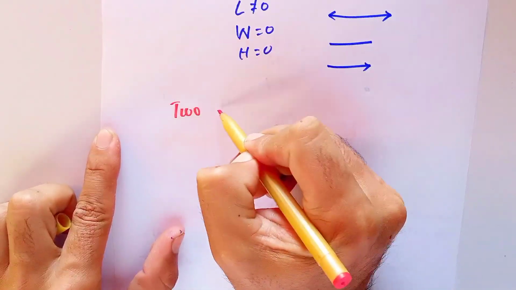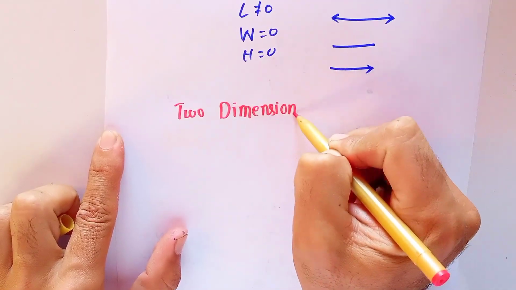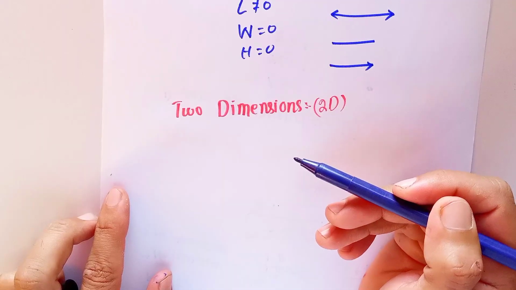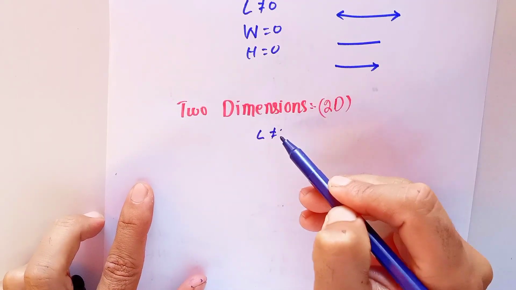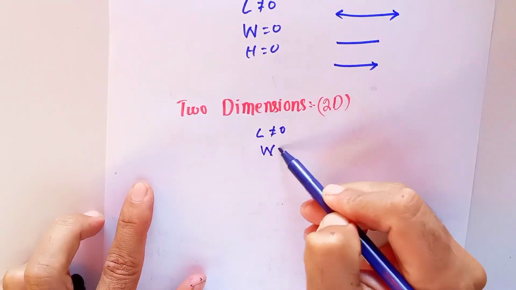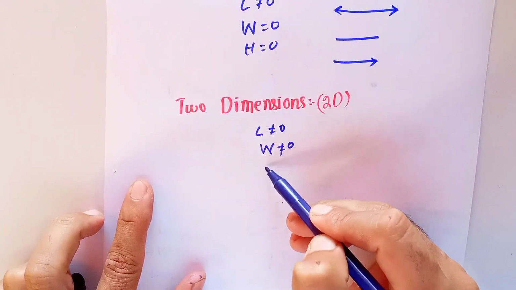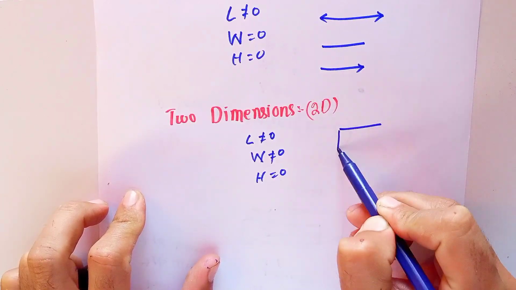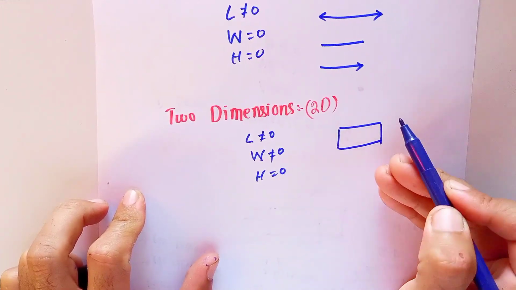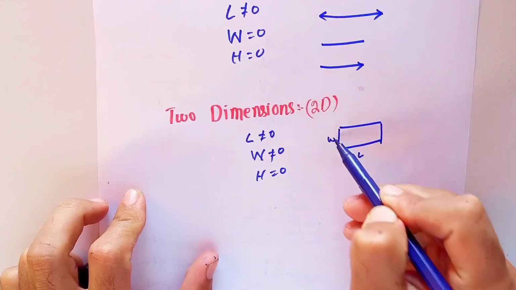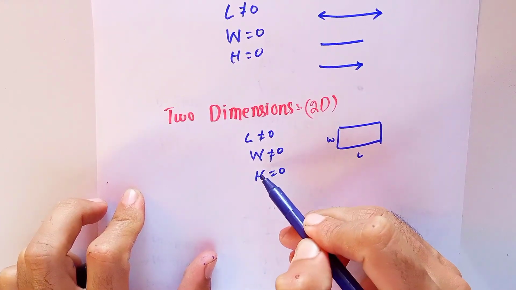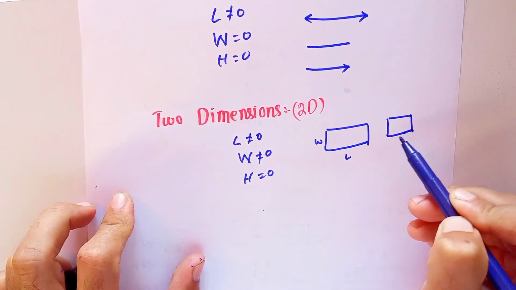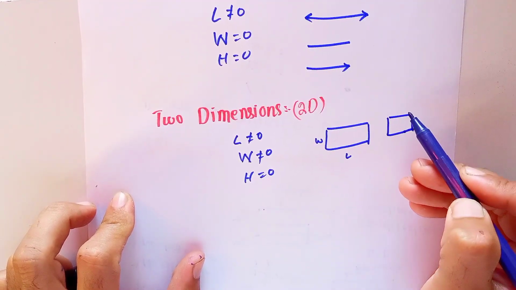Now we are going to explain two dimensions or a two-dimensional object. A two-dimensional object has length and width but no height. We can write them as length is not equal to 0, width is not equal to 0 and height is equal to 0, right? Just like a square. Flat surfaces have length and width but no height, or length and height but no width.